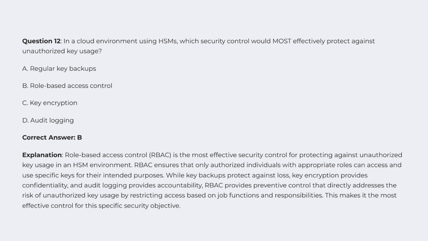While key backups protect against loss, key encryption provides confidentiality, and audit logging provides accountability, RBAC provides a preventive control that directly addresses the risk of unauthorized key usage by restricting access based on job functions and responsibilities. This makes it the most effective control for this specific security objective.